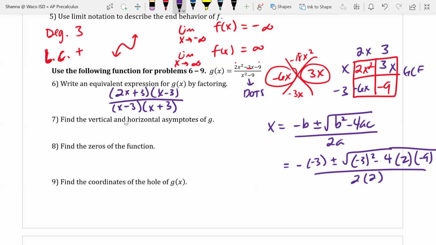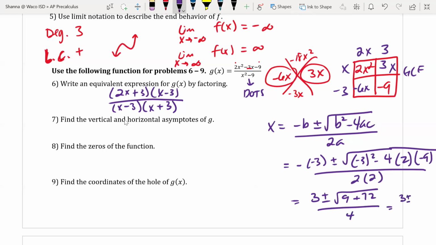All right, so if you did not remember this, then this is your other option. If you chose to do the quadratic formula, you have 9, 4 times 2 is 8, 8 times negative 9 is negative 72, all over 4.